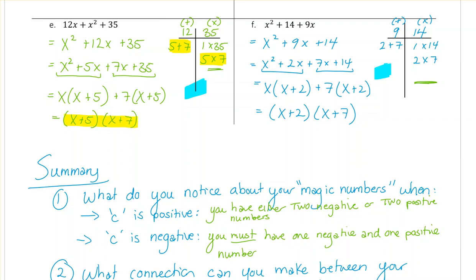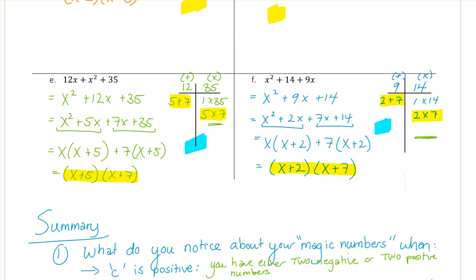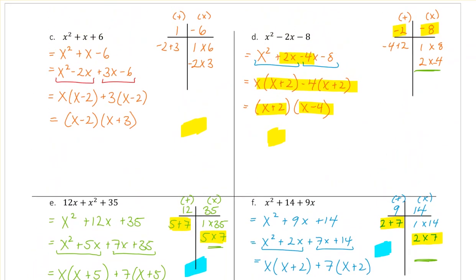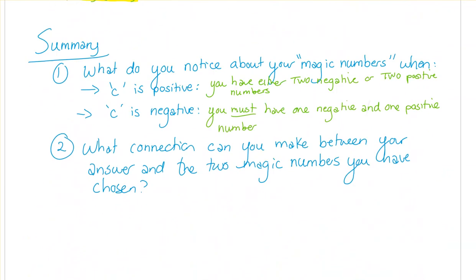X plus 5, X plus 7. What about the second one? The two magic numbers you chose were 2 and 7. Look at your answer. X plus 2, X plus 7. Keep going through other examples. The two magic numbers you chose here were negative 2 and positive 3. What do you notice about your answer? X minus 2, X plus 3.